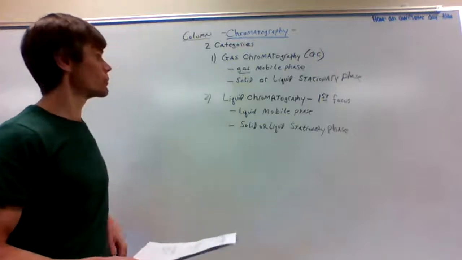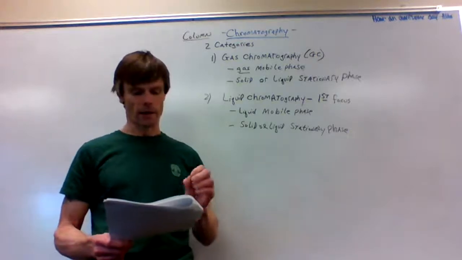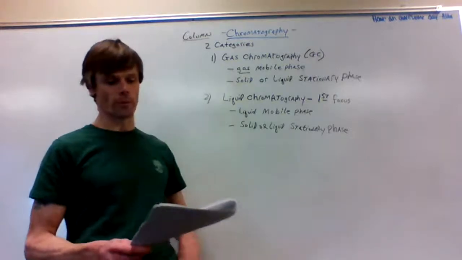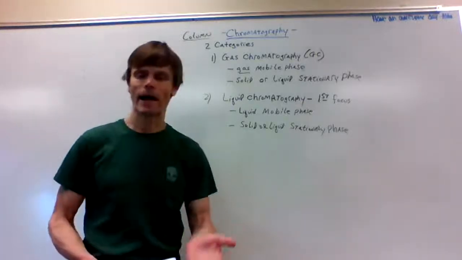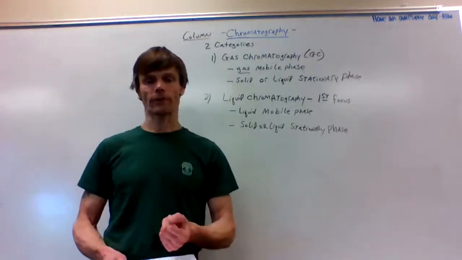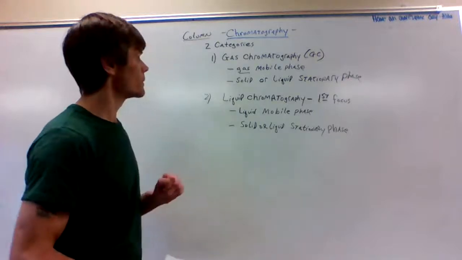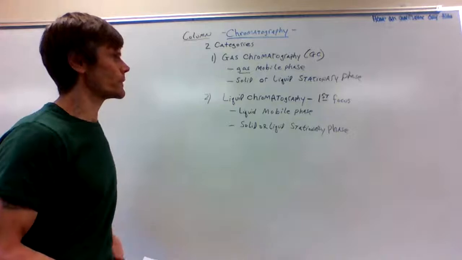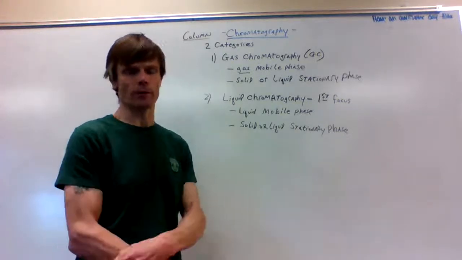There are two categories that we're going to be discussing in some detail today about column chromatography. And these two broad categories of how we classify chromatography depends upon the mobile phase. One type of chromatography that we'll spend some time on a little bit later is gas chromatography.